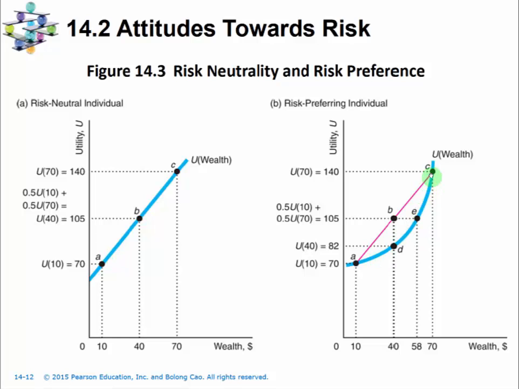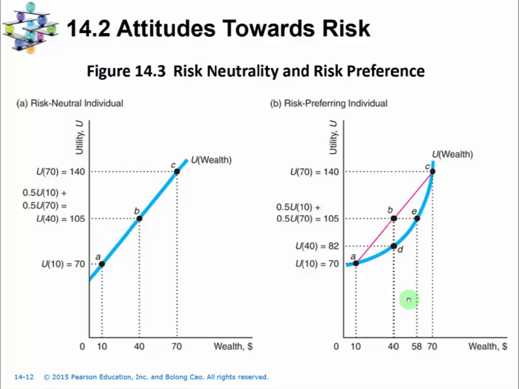For risk-preferring or risk-loving decision makers, the utility function has a convex shape. This kind of utility function puts higher and higher marginal utility on additional wealth. That means risk-loving decision makers have increasing marginal utility on wealth.